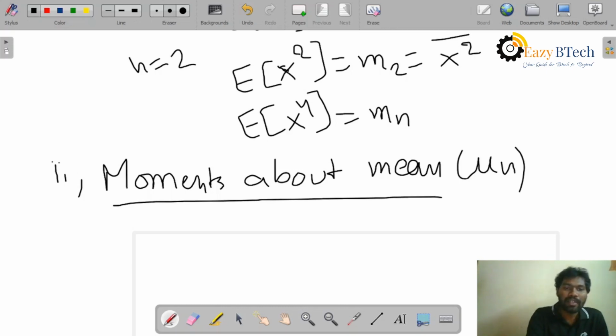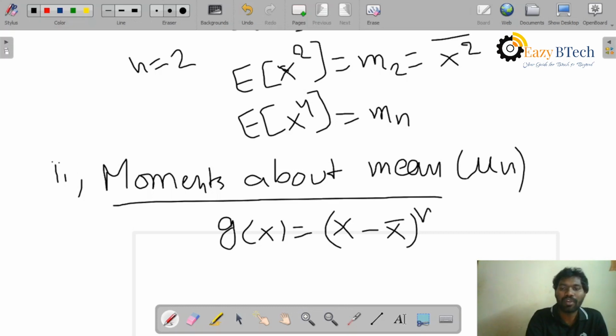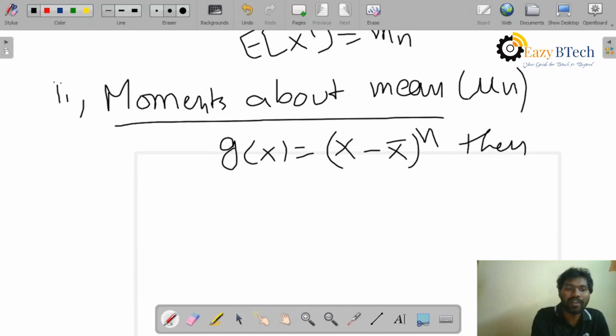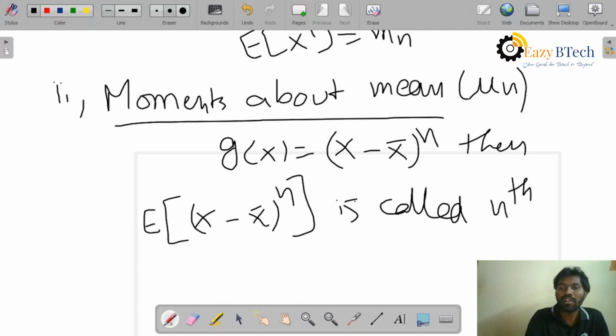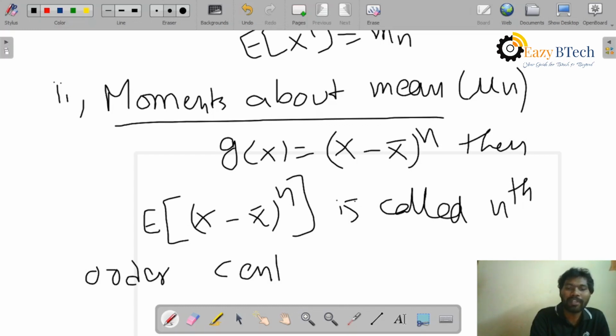Here also, if you assume g of x equal to x minus x bar whole power n, then the expectation of x minus x bar whole power n is called the nth order central moment.